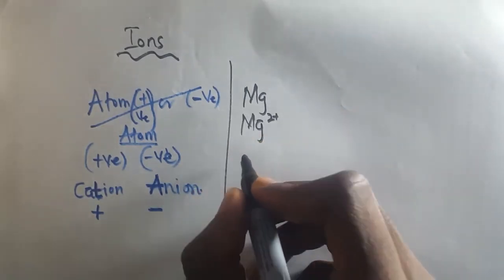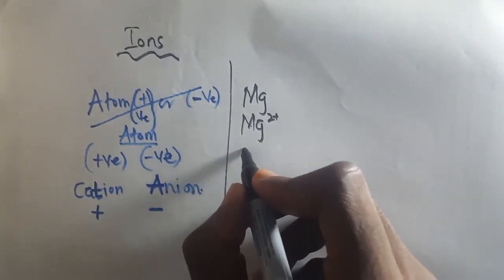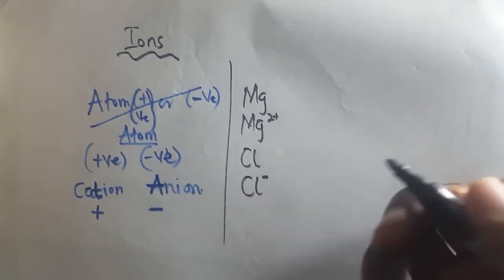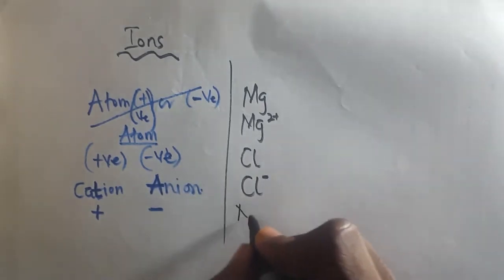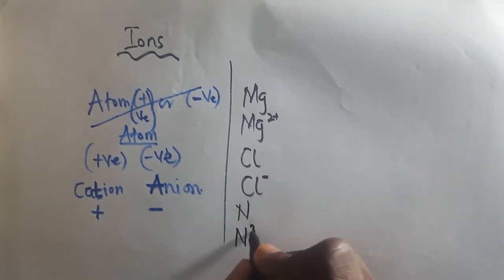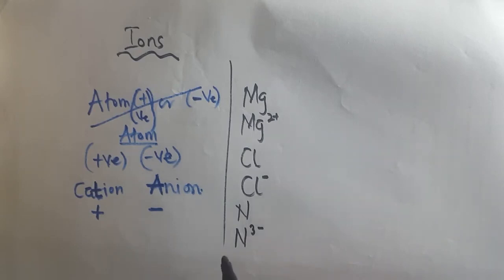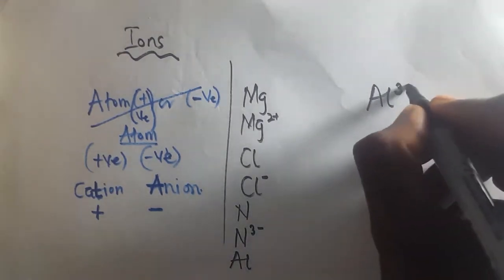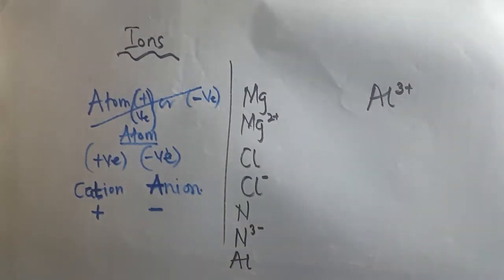Then we also have Cl, Cl minus, and I'll add N, N3 minus. Then the last one I'll add is Al and Al3 plus. I just want us to state the number of protons and number of electrons for each of them.